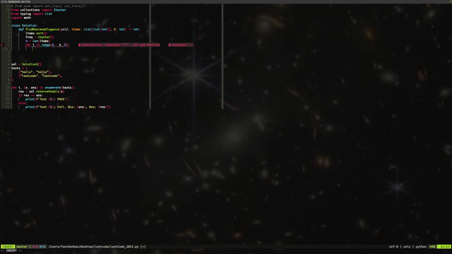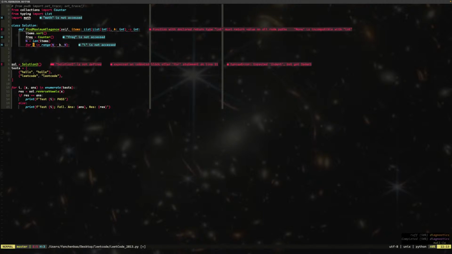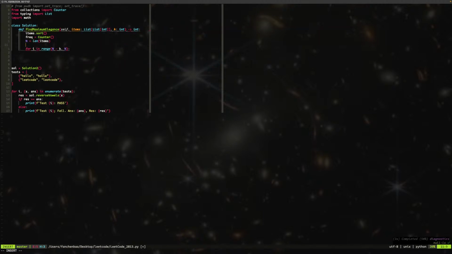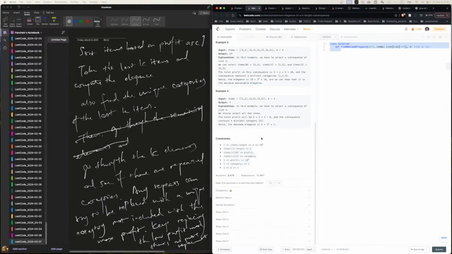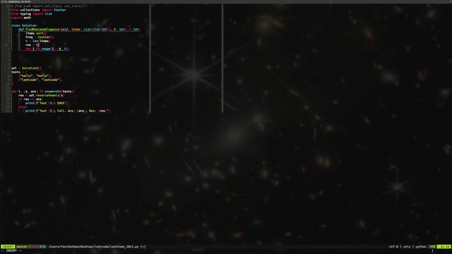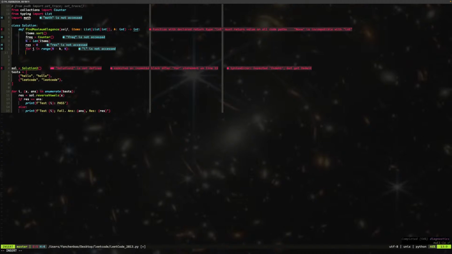If I have 5 and k equal to 3, then 5 minus 3 is 2. 0, 1, 2, 2, 3, 4. Yeah, that's actually correct. We call it res. What we want is the maximum elegance, so we set it to 0, and we just go through everything.